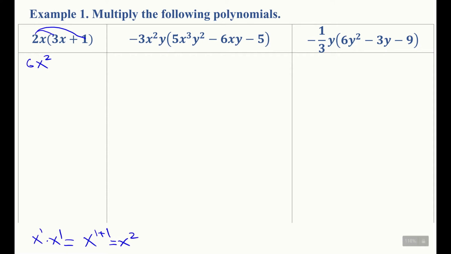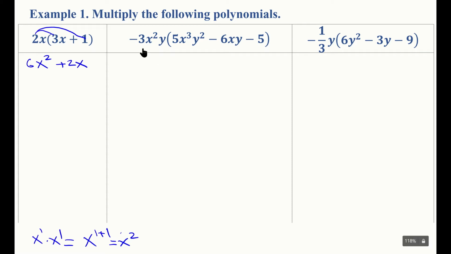Or you can just look at it as the definition of x squared, thinking from right to left, which means x times x. Either way, make sure that you don't make the mistake of just writing 6x, which is a common error. So we get plus 2x times 1, which is just 2x, and we're finished there.